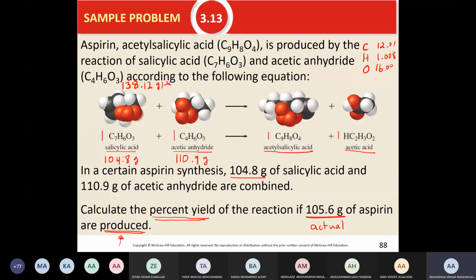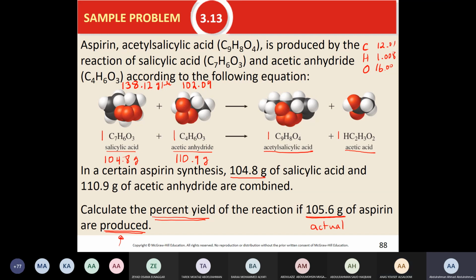Okay, how about acetic anhydride? Who got it? 102.09.